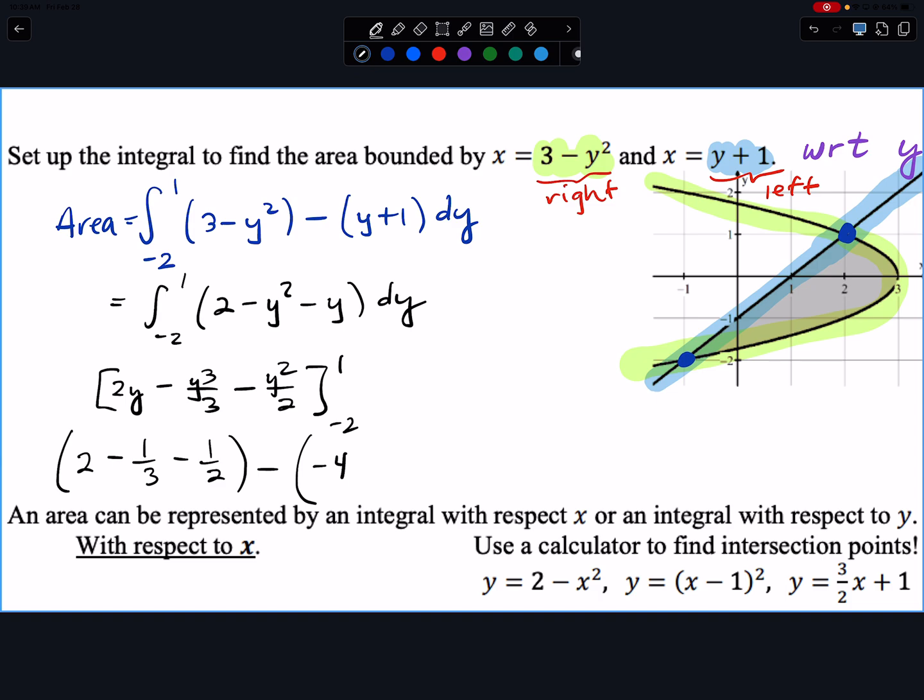What is -2 cubed? -8, but minus -8 becomes plus, so plus 8/3. If I plug in -2 and square it, I get positive or -4? Positive 4, so minus 4 halves, which is the same thing as -2.